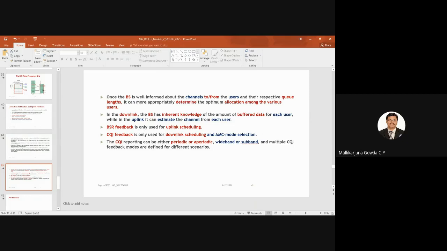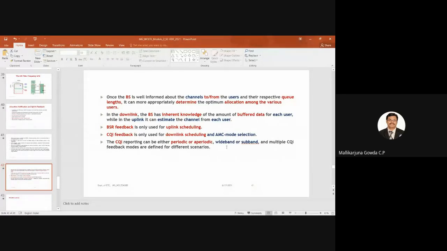This CQI, the channel quality indicator, reporting can be either periodic or aperiodic. Let us see in detail later on: if periodic, at what frequency it will give the feedback to the base station, and if aperiodic, at what rate.